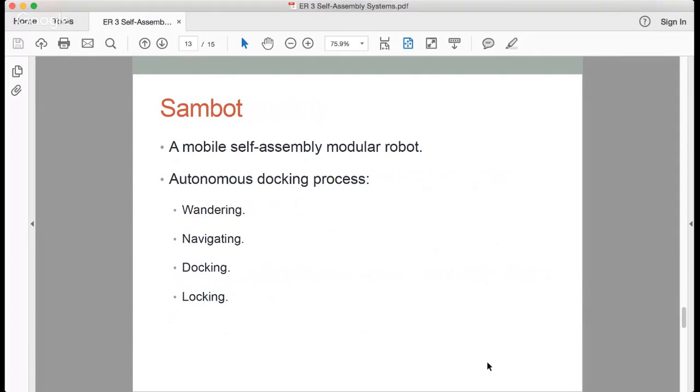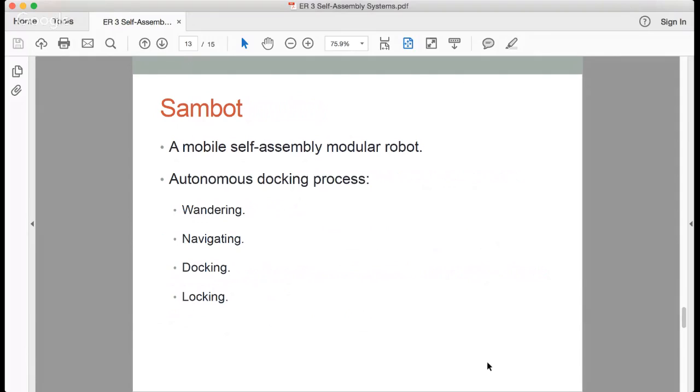The docking Samba, which is the active module, starts by wandering in a random path until a target has been found. Then the active module switches to navigation behavior and goes anti-clockwise around the target until it finds docking direction.